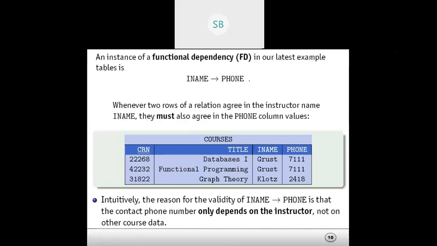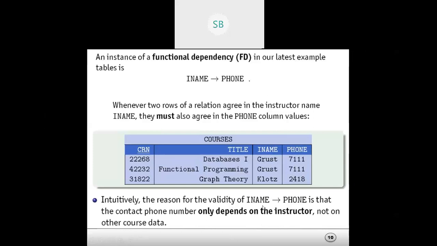Whenever the instructor name is the same, the phone number will be the same. So whenever two rows of a relation agree in the instructor name, they must also agree in the phone number column. You can check here in I name and phone number. Grast and Grast are the same person, and that is why their phone numbers are also the same. Then it is correct.